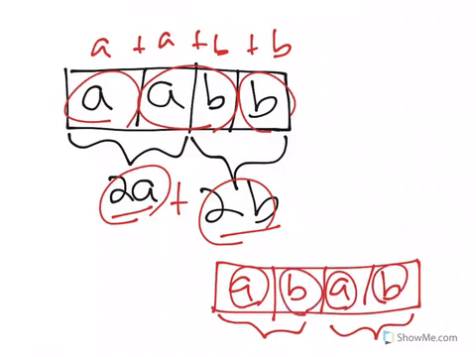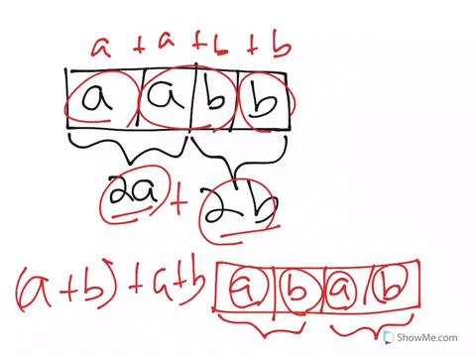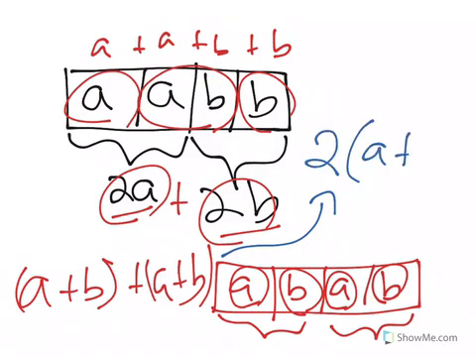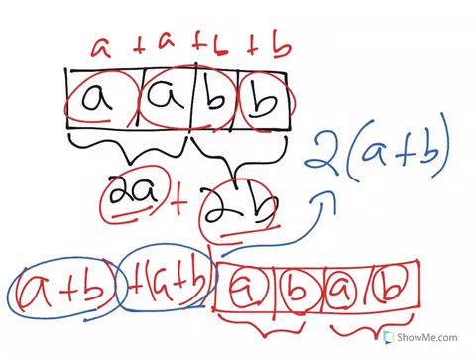There's 2 B's. So we could say it's A plus B plus A plus B, or we could use the distributive property since we have 2 A's and 2 B's, and say it's 2 times A plus B, because we do have A plus B 2 times. So we've now factored that expression. We've used the distributive property to make it a little bit easier.